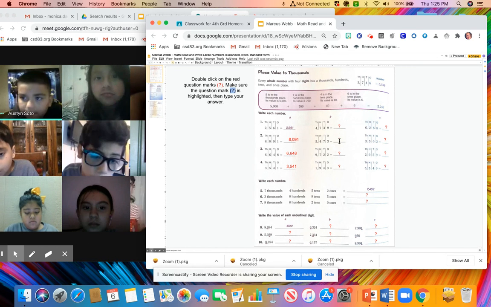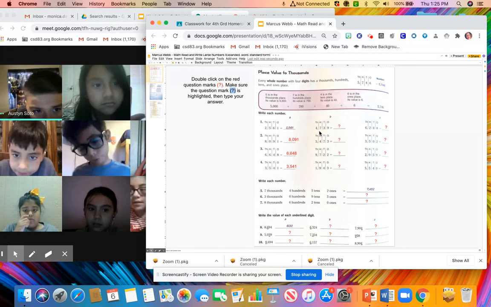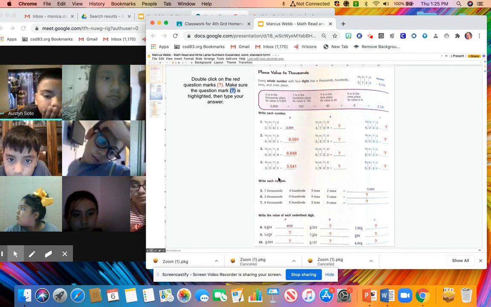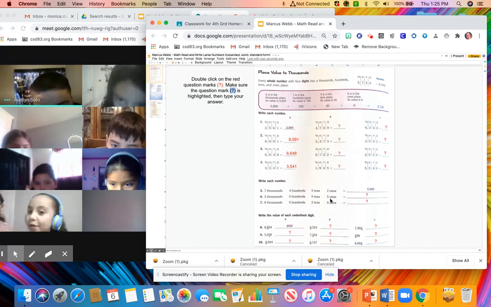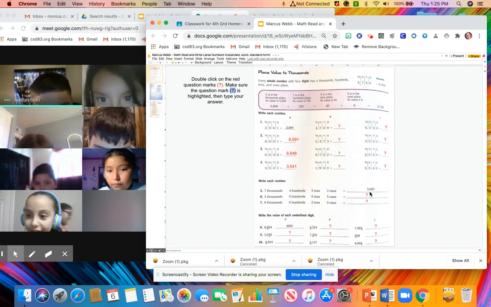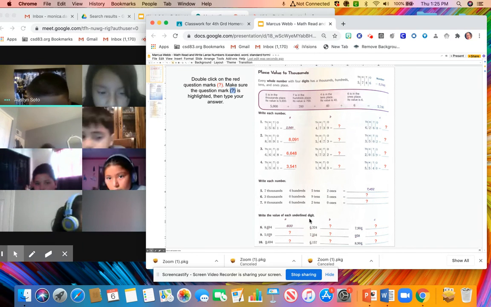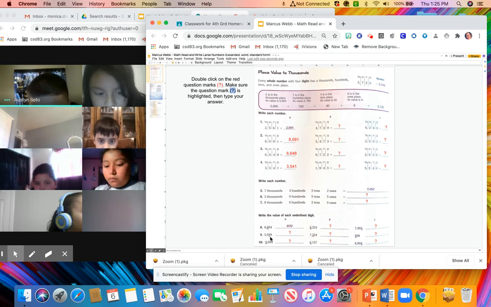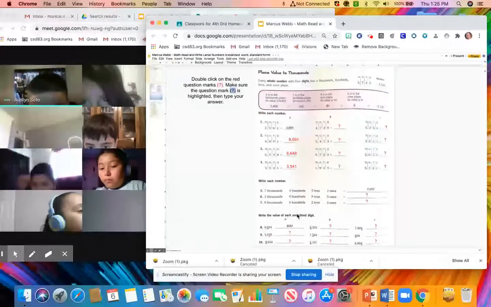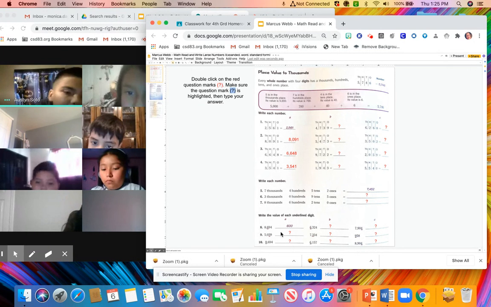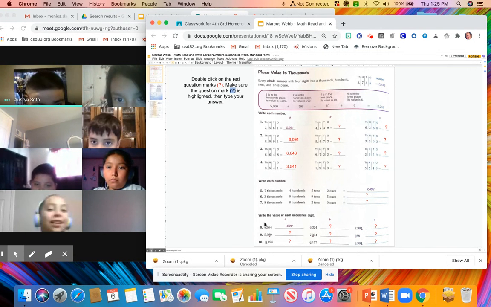We went over how to enter the commas for standard form. We went over our word form and put them into standard form. And we also went over how to find the value of each underlined digit. Some of these numbers are actually the ones I modeled, so if you took notes, you probably already have some of the answers.